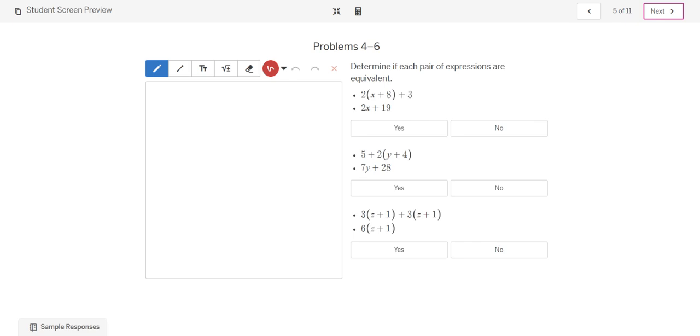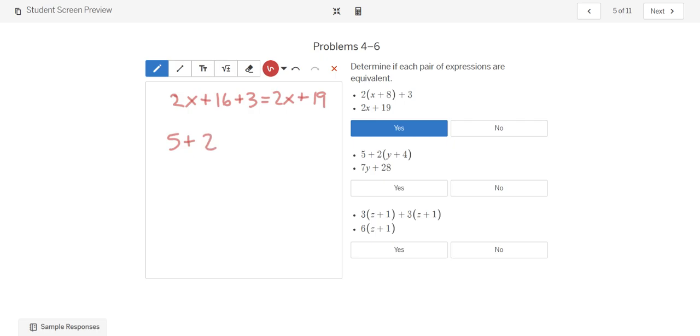Determine if each pair of expressions is equivalent. 2 times x is 2x. 2 times 8 is 16. And then I've got that 3 outside. And so 16 and 3, I get 2x plus 19. Yes, those are the same. The next one, 5 plus 2 times y plus 2 times 4. That's 2y plus 13.